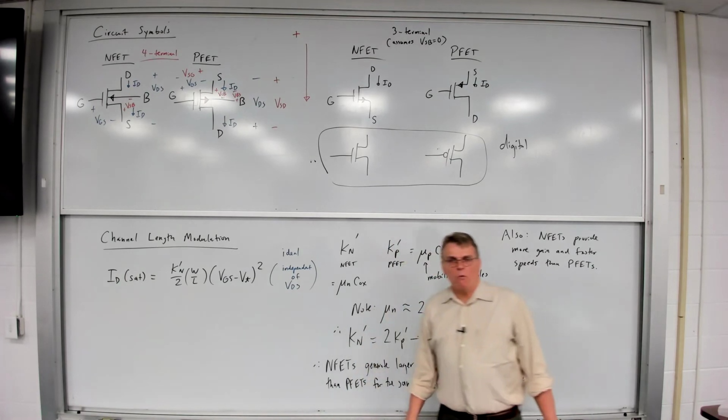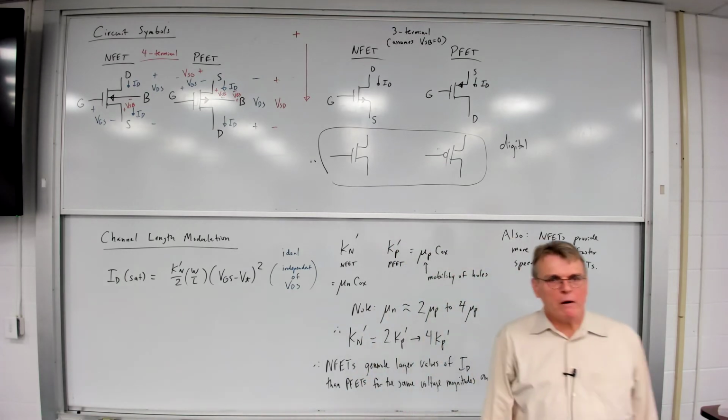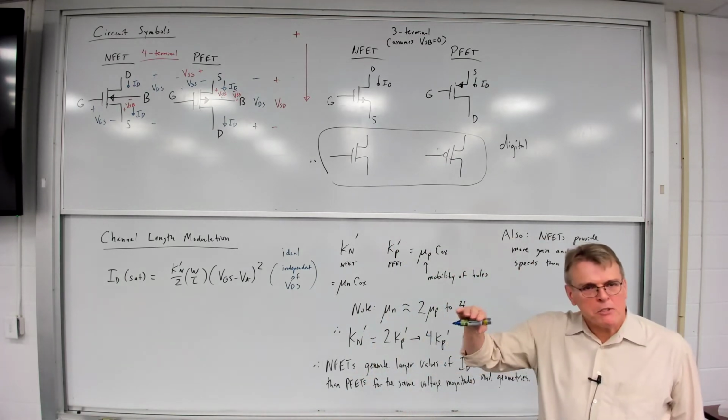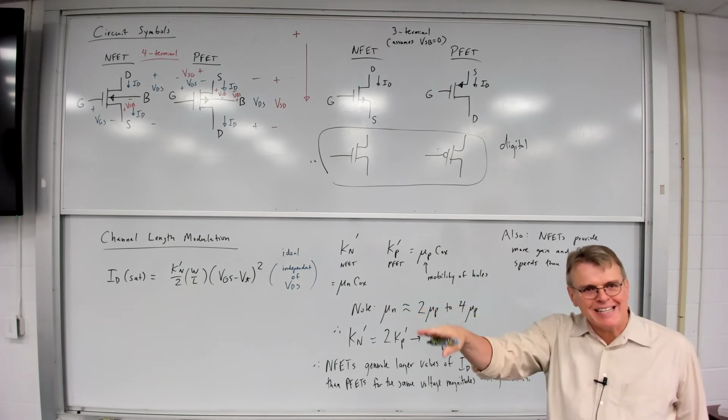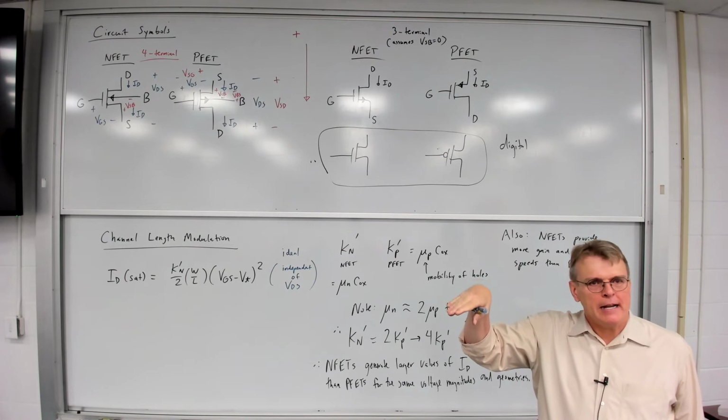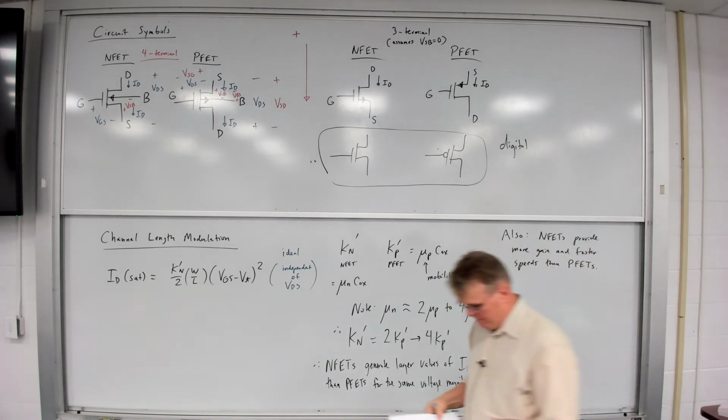So as we mentioned before, that's a square law equation, but remember I said before, it's not really true. It doesn't stay perfectly flat. We actually see a slight increase in ID as we increase VD.